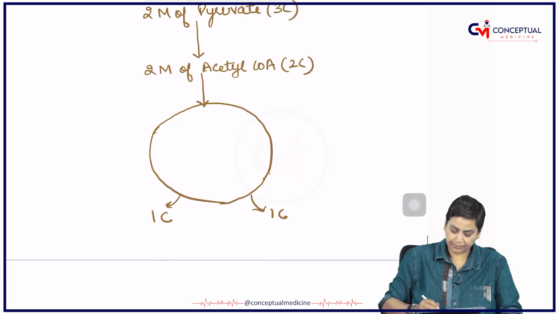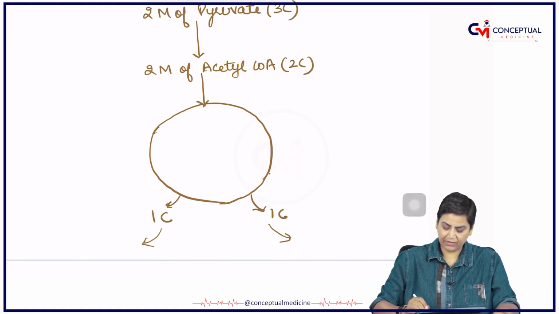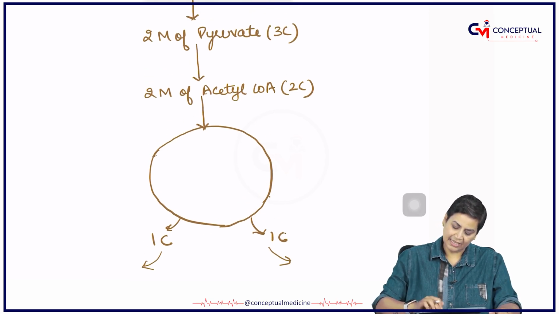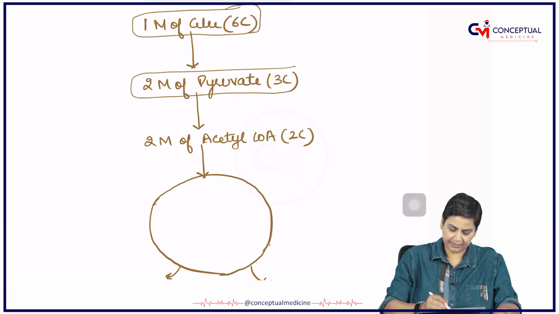So these 2 molecules of acetyl coenzyme A will give 1 carbon dioxide, 1 carbon here, 1 carbon here, and the entire structure will be dismantled. So I can say that, and this is how the entire oxidation of this glucose is taking place.